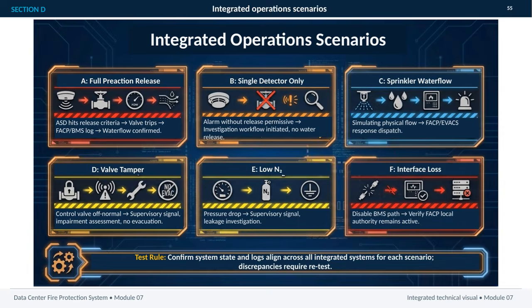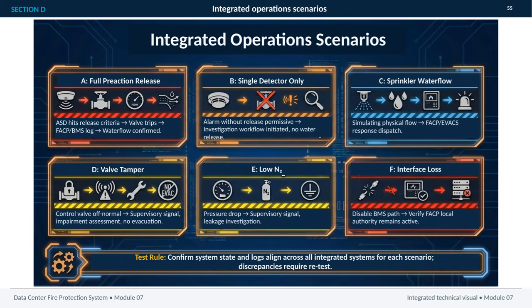A single detector creates an alarm and starts the investigation workflow, but does not provide release permissive, so water is not released. Scenario C simulates sprinkler water flow and verifies the FACP and EVAC's dispatch response. The remaining scenarios focus on abnormal conditions. A valve tamper produces a supervisory signal and an impairment assessment without evacuation.